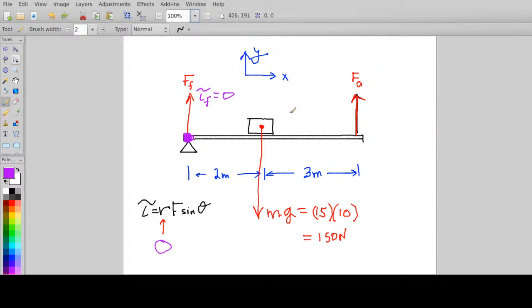Whereas the weight force, this one here, wants to make this turn that way around the fulcrum. So imagine that this is fixed at the fulcrum here, and you're pushing down, or gravity's pushing down. That would make this want to turn clockwise. So one force wants to turn the object clockwise, the other one wants to turn it counterclockwise, and you can see that the two torques will cancel against one another.